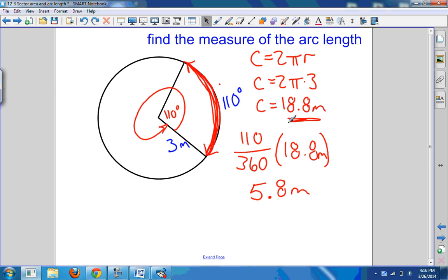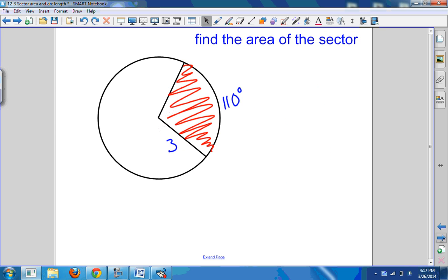All right, we're going to do the same process with area of a sector. So let's take a look at that. We have the same setup here, 110 degrees, and our radius is 3. And we want to find the area of this sector now. So we know the area of a circle is pi r squared.